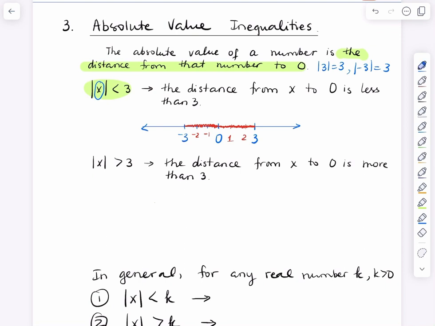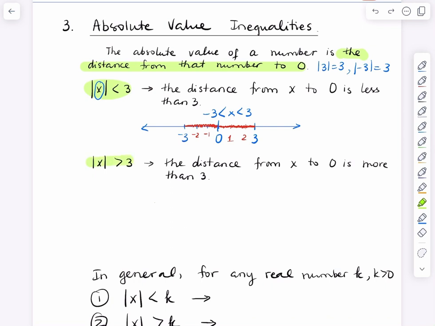So with that said, we can conclude that for the distance from a number to be less than 3, we'll be looking at x from 0 to 3, so x has to be less than 3. And at the same time, it could also be from negative 3 to 0, so x could be anything greater than negative 3 as well. So x could be anything in between negative 3 to 3.